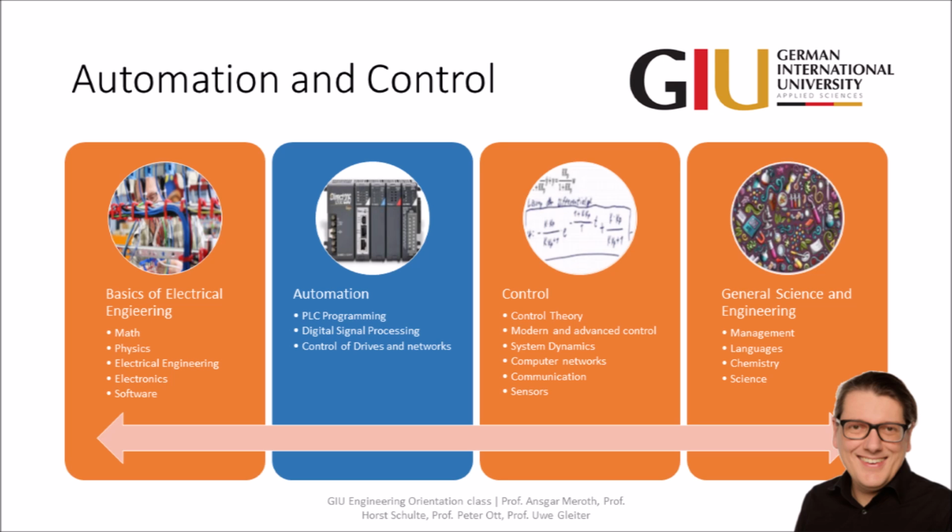Then the automation area. This is special for automation and control because here you learn about industrial PLCs, which are normally integrated in manufacturing processes or chemical processes. It's a worldwide standard, you can find PLCs everywhere, and here you can learn how to program this kind of device.